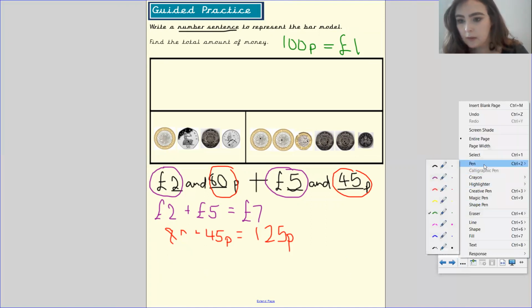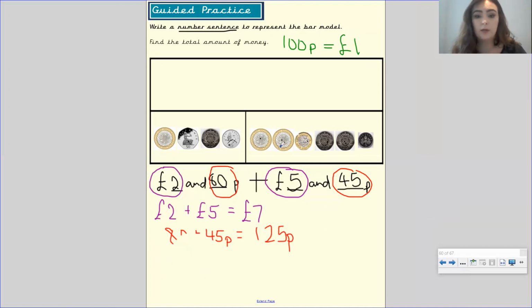So if we know that 100 pence is the same as £1, then what is 125 pence the same as if we write it in pounds and pence?